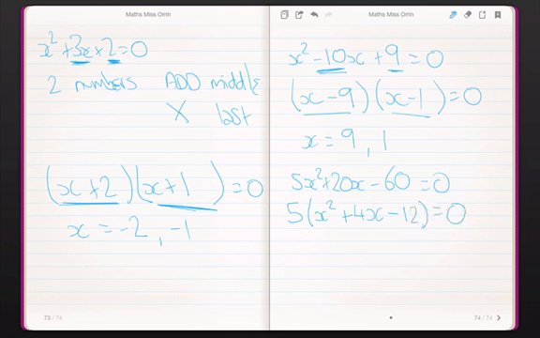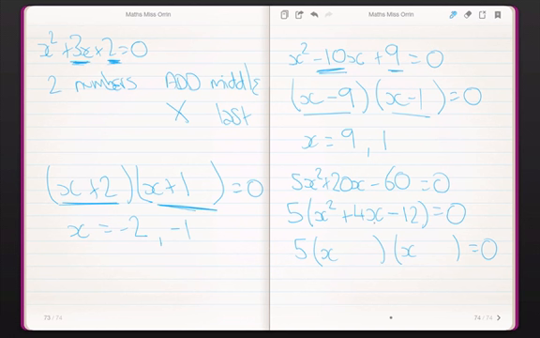Now we need to find two numbers that add to positive 4 and multiply to negative 12. What two numbers do you think we could get? If it has to multiply to a negative number, one has to be positive and one has to be negative.